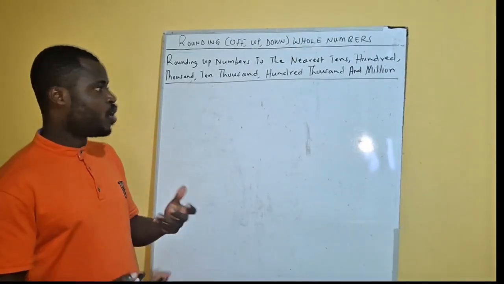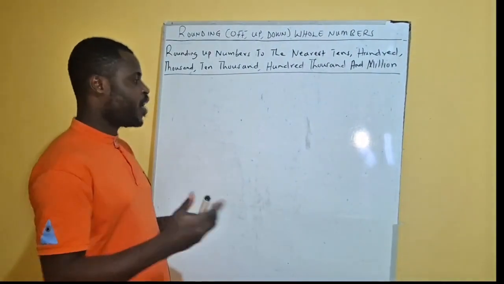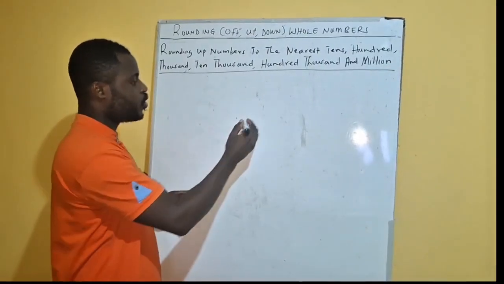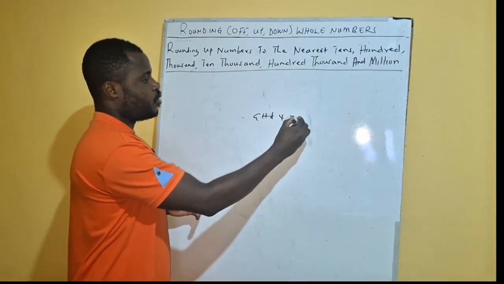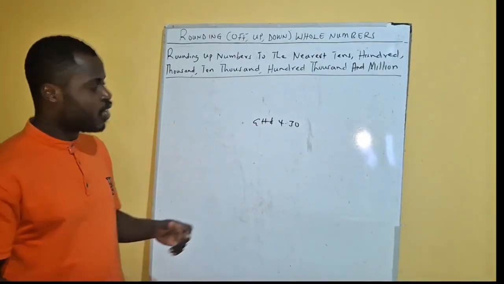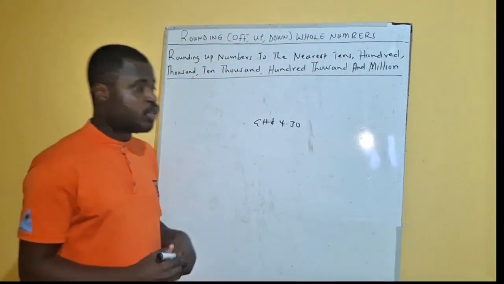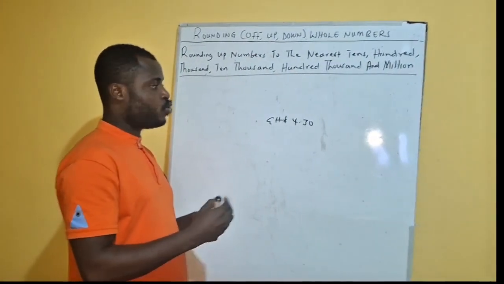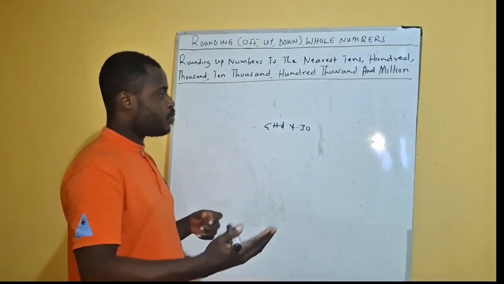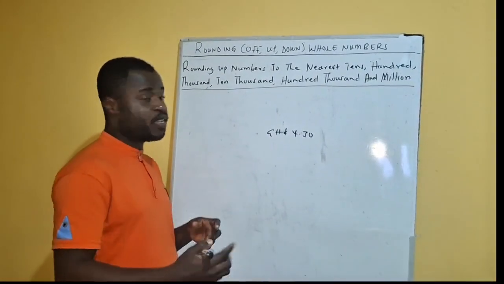Why or how am I saying that? Now, high estimate, let's say something used to cost 4 cedis, 30 pesewas last year or last month. And we know how inflation is sometimes. If you are planning to buy the same thing, I'm sure you are going to estimate it up, or you are going to round it up to get an estimated price.